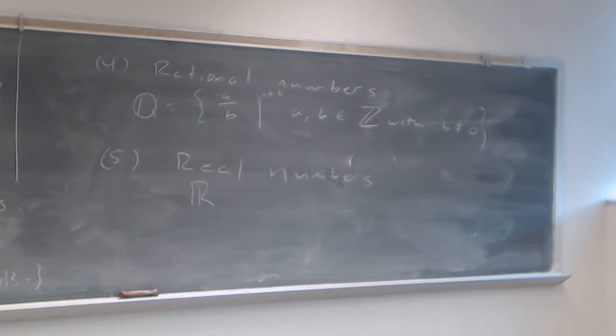Other times, mathematicians set up things talking about Cauchy sequences of rational numbers and the limits of all the Cauchy sequences of rational numbers. The limits of them form the real numbers. So they have different ways of defining them. I'm just going to say, hey, we know what the real numbers are.